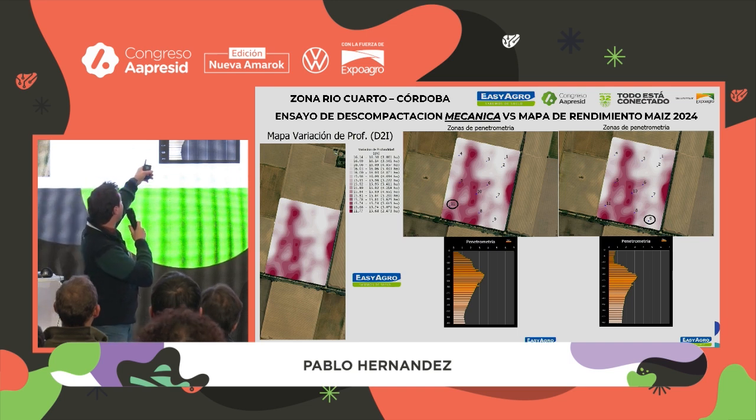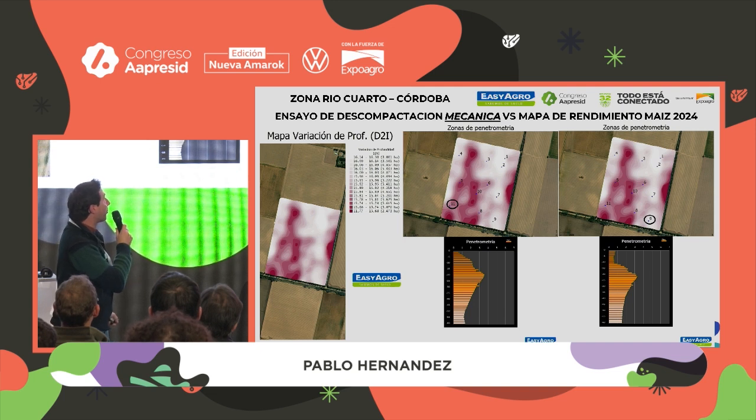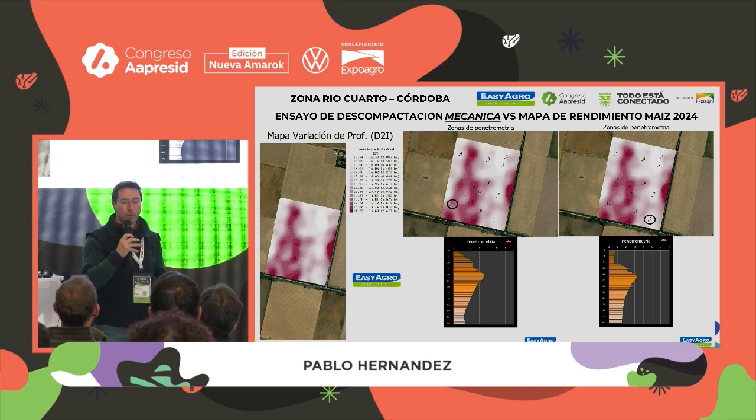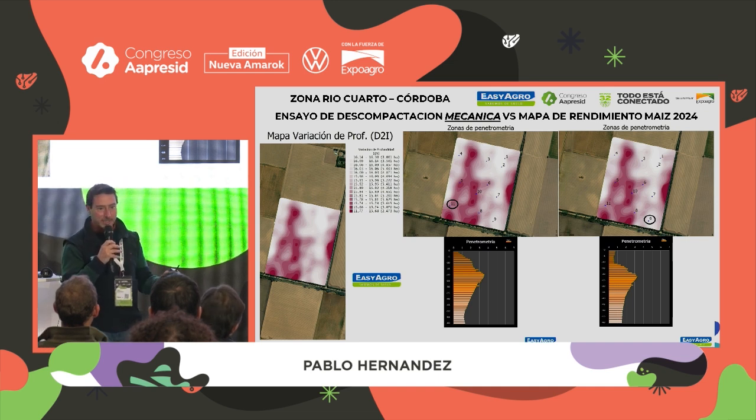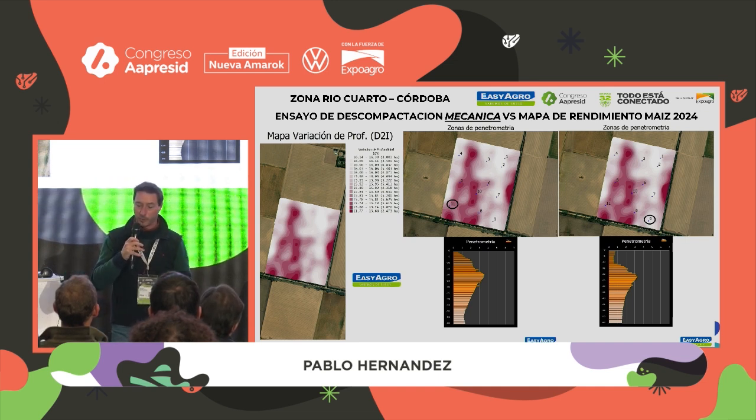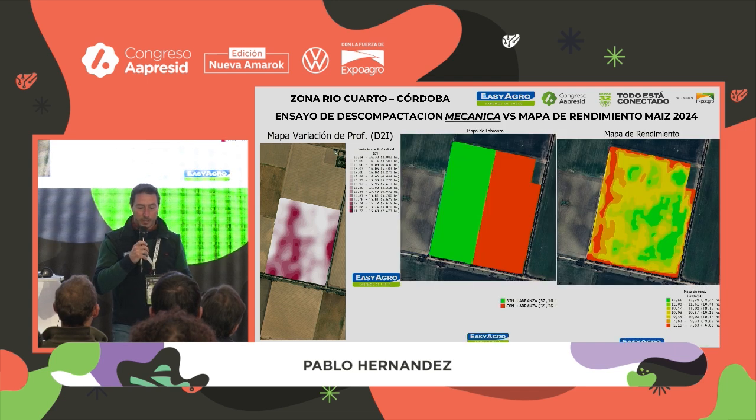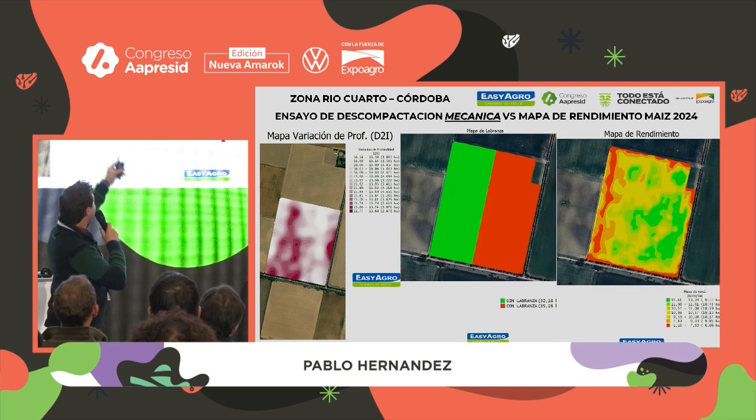With the penetrometry, we detected compacting between 15 and 25 centimeters. So the idea was to have a paratill working at 25 centimeters of depth, but only for half of the lot. We knew that the entire lot had this compaction problem.